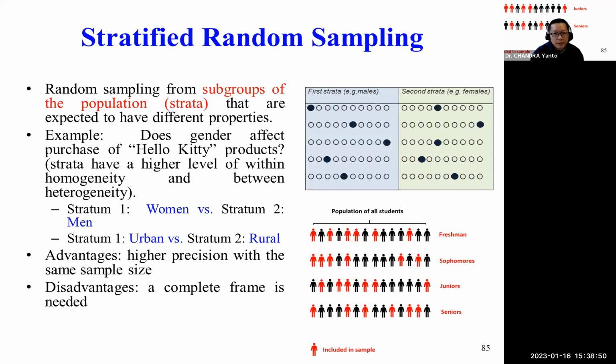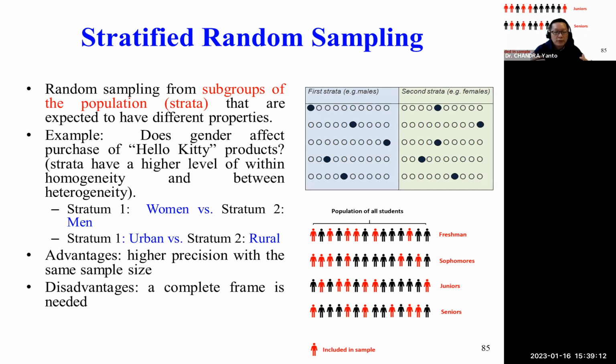So in stratified random sampling, you divide your sample into strata, into different subgroups that are natural. For example, if you're studying what drives people's income, you can divide the strata in terms of, say, male and female.